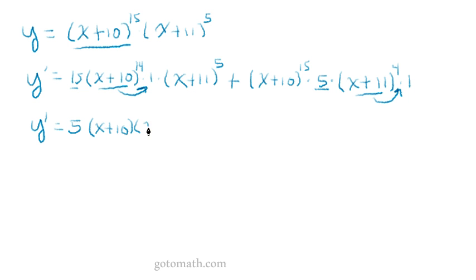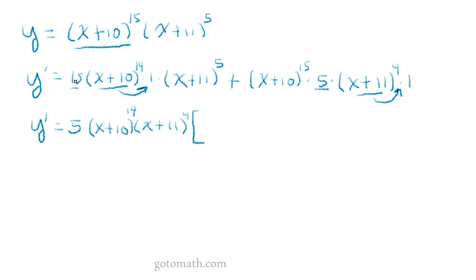And we're also factoring out x plus 11, since that occurs in both. We have a 5 here and a 4 here, so we're going to pull out the 4. Okay, now I'm going to start a bracket here.